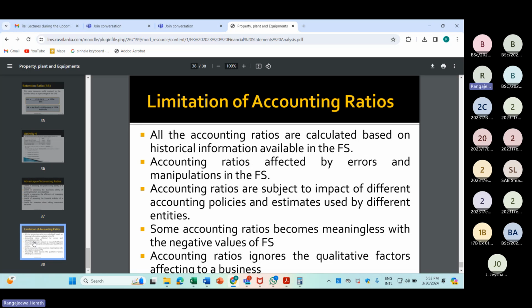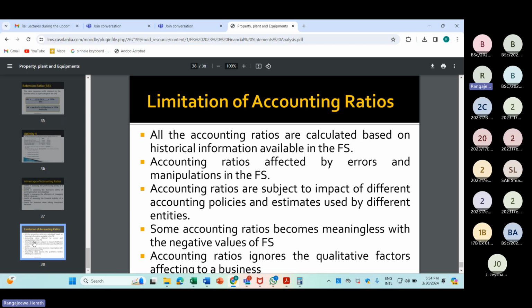Another thing which has not been listed here: some of the assumptions used in accounting ratio calculations are unrealistic. In inventory turnover, debtors turnover and creditors turnover, we assume all sales are made on credit, which is not the actual scenario.